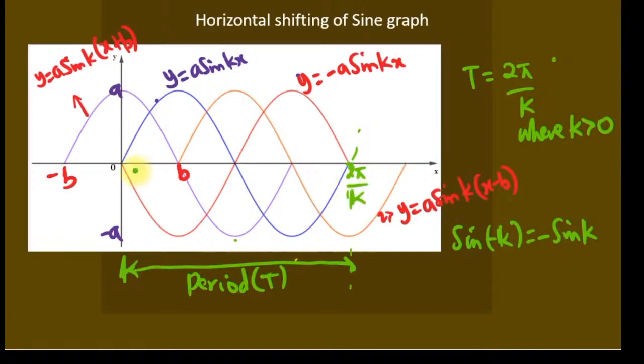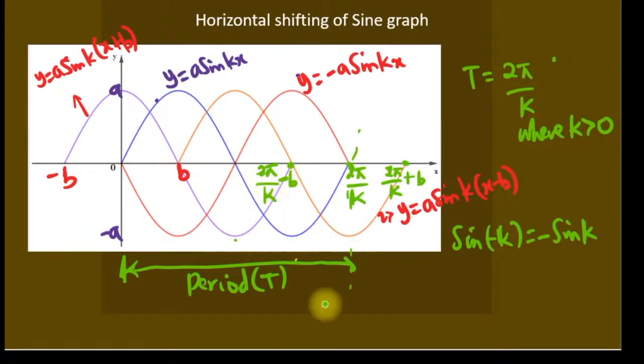Remember, we shifted this one b units to the right. So the point here will be 2 pi over k plus b. It started from b and it will end here. While the one that shifted to the left will be 2 pi over k minus b.